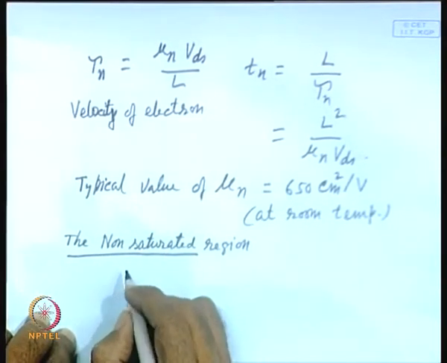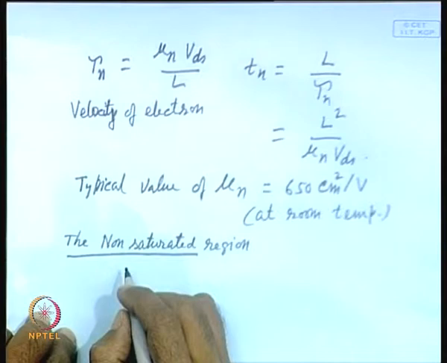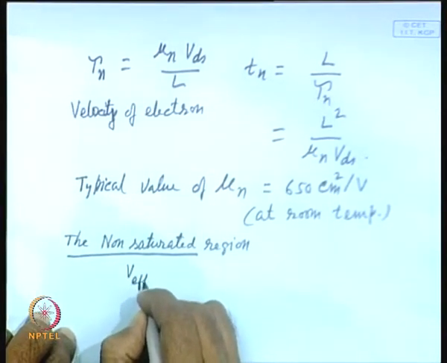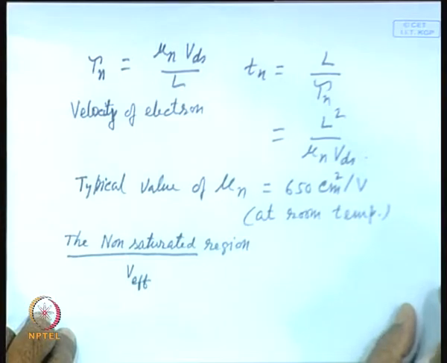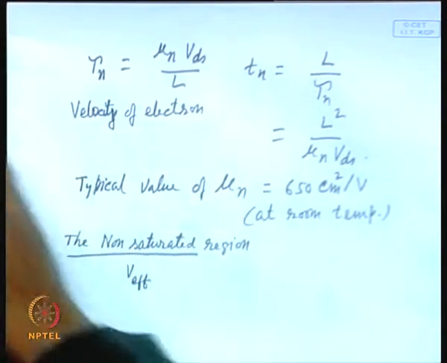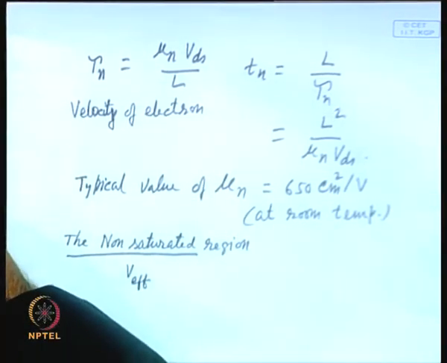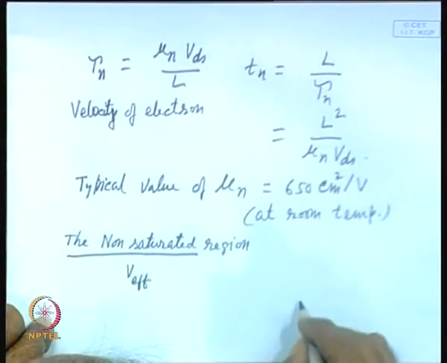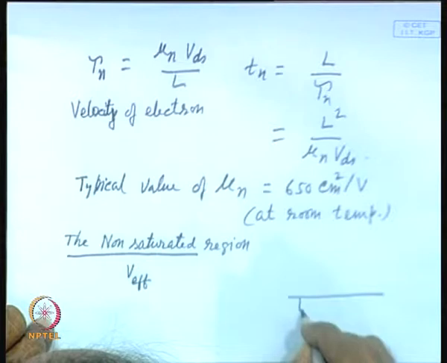In this region, first of all, let us find out the effective voltage that is being applied between the source and drain. Let me draw the diagram here, that will make it easier to understand.